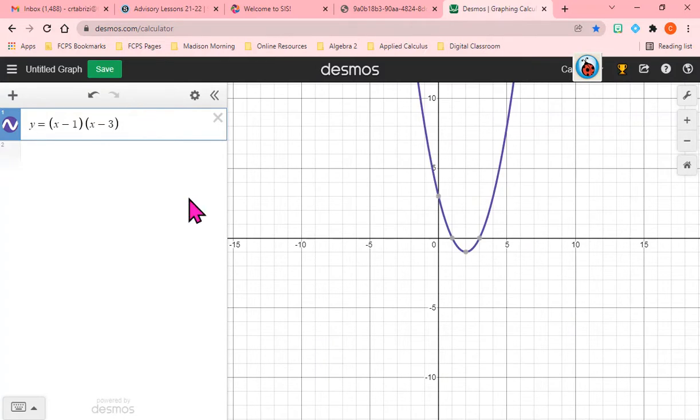That is a parabola, which you know. So right here, you have 2 x-intercepts. One x-intercept at 1, 0. You have another one at 3, 0.